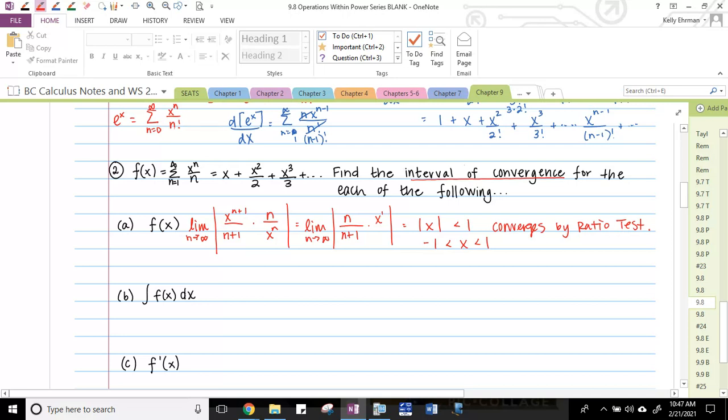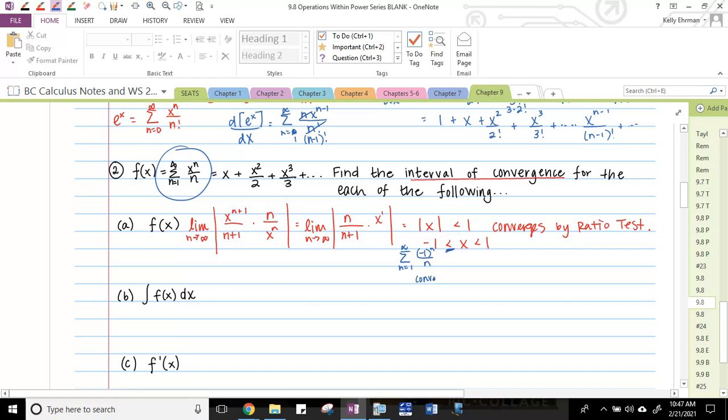This asks for the interval, though. So remember, we need to check the endpoints. So if I check the endpoints, I'm saying, what happens when I plug in negative 1 back into the original series? I get negative 1 to the n over n. That's an alternating harmonic series, which converges.